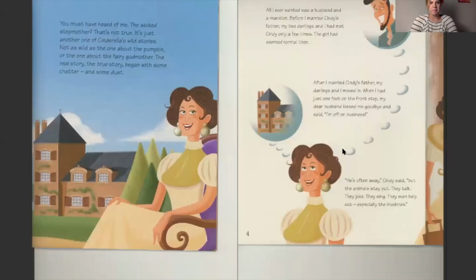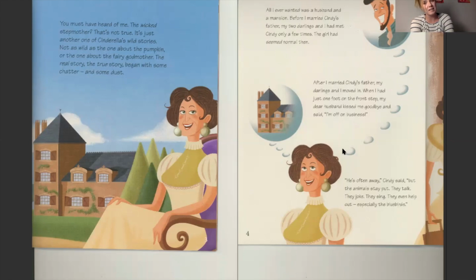You must have heard of me, the wicked stepmother. That's not true. It's just another one of Cinderella's wild stories. Not as wild as the one about the pumpkins or about the fairy godmother. The real story, the true story, begins with some chatter and some dust. All I ever wanted was a husband and a mansion. Before I married Cindy's father, my two darlings and I had met Cindy only a few times.